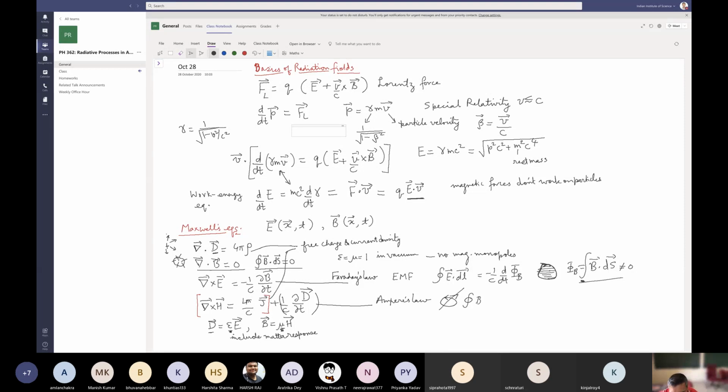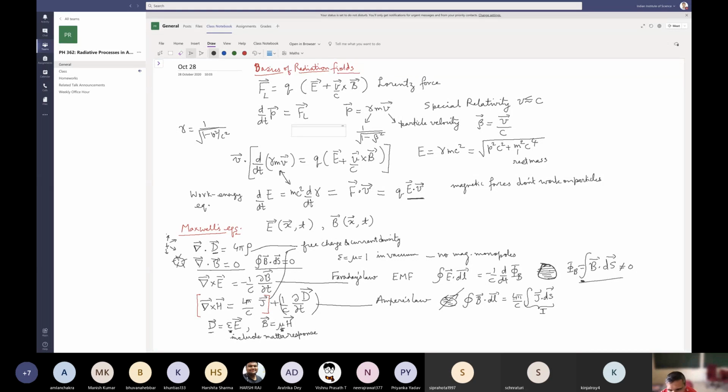We do B dot dl equals 4 pi by c times J dot dS. This is the current piercing this loop. This is nothing but I, because J is the current density, charge per unit area per unit time. If you multiply it by area, you get the current. Okay, so this is Ampere's law.